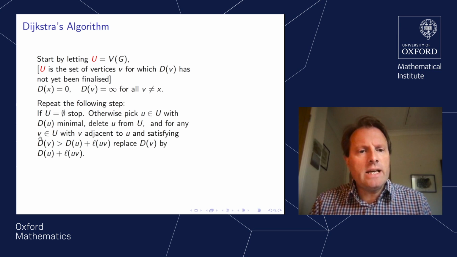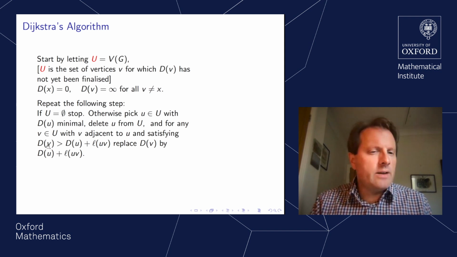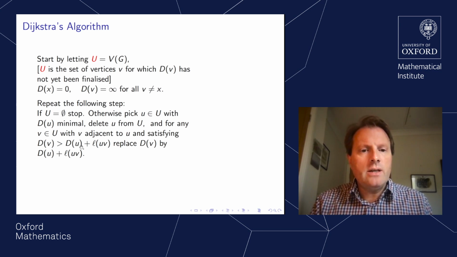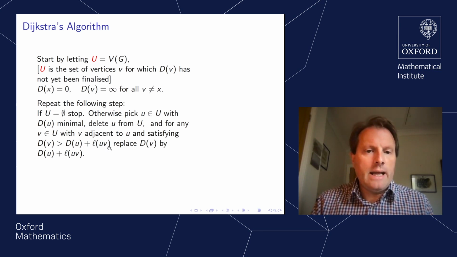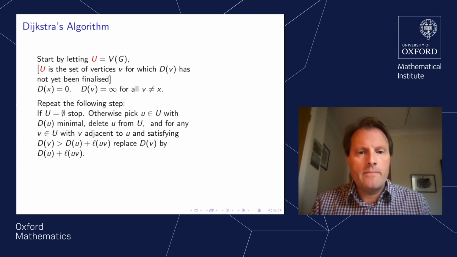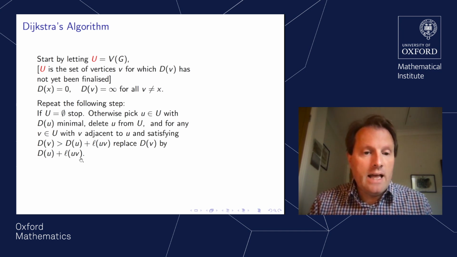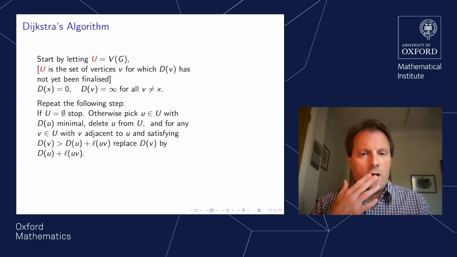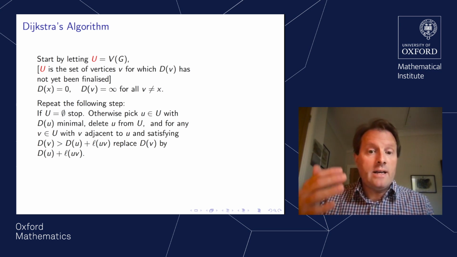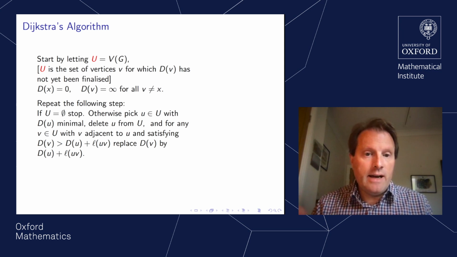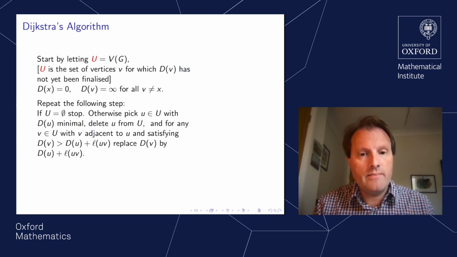For any vertex v in U, with v adjacent to u, and satisfying this inequality, namely that d(v) is strictly greater than d(u) plus the length of the uv edge, we replace d(v) by d(u) plus L(uv). That has reduced the d value of that vertex v.